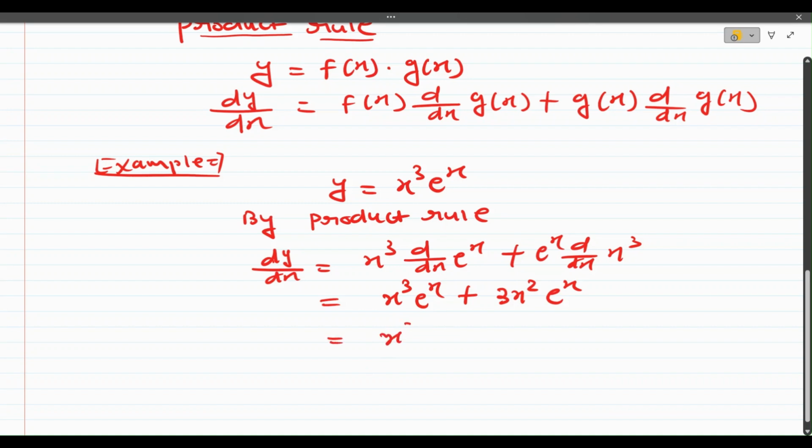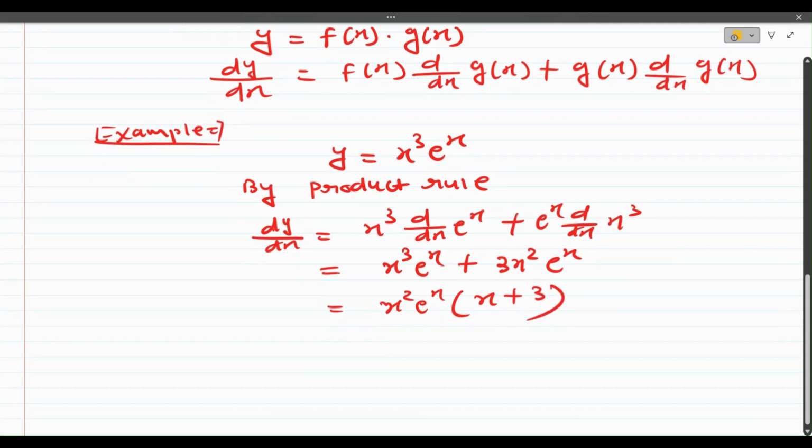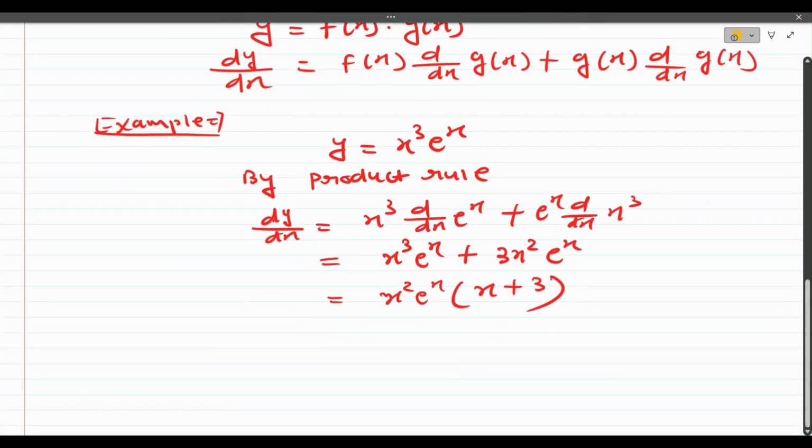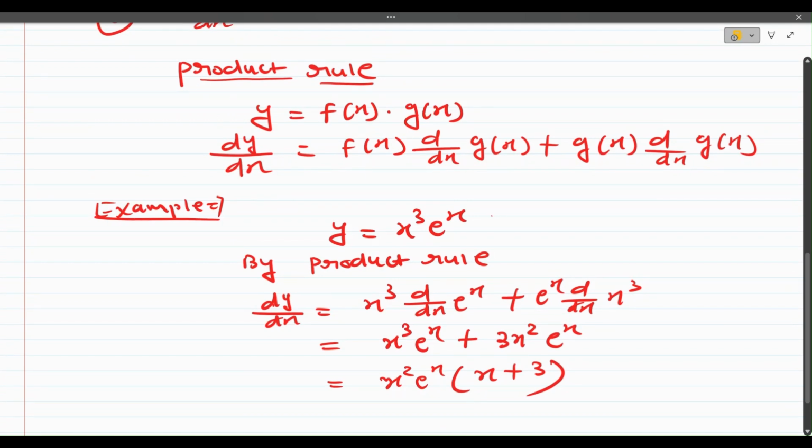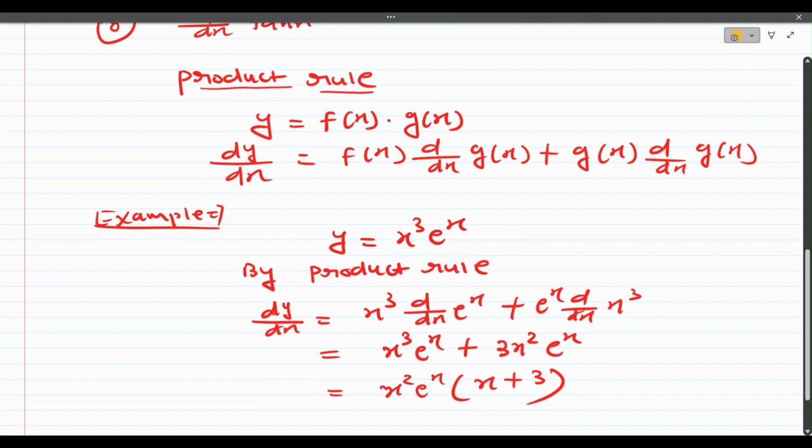It's x square e to the power of x, and we get x plus 3. So this is the answer for the differentiation of this function. Whenever we have a function which is a product of two different functions, or it may be three, then we can use product rule.